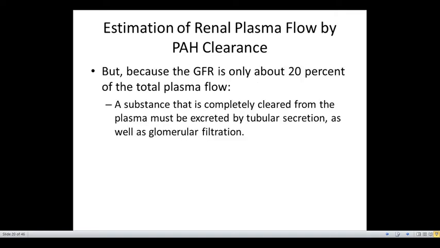But because the glomerular filtration rate is only about 20% of the total plasma flow, a substance that is completely cleared from the plasma must be excreted by tubular excretion as well as glomerular filtration.